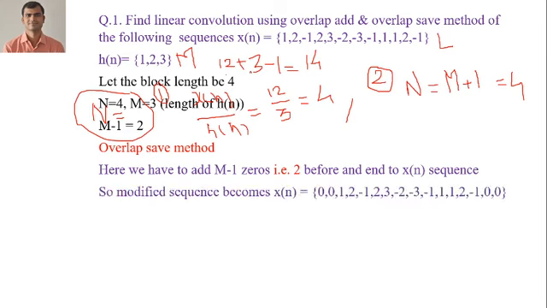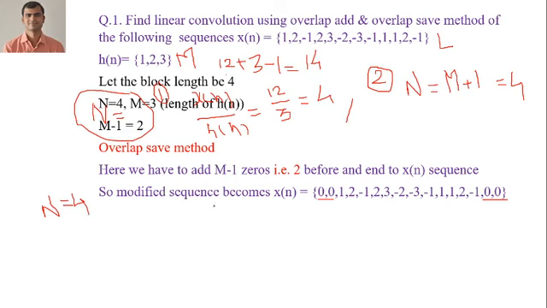So we'll have the modified sequence, where we have added 2 zeros before and 2 zeros at the end. Now after the modified sequence, we have to divide this sequence into small blocks or sections, and the length of each block we have taken as capital N equal to 4. That means each block or section will have 4 samples.